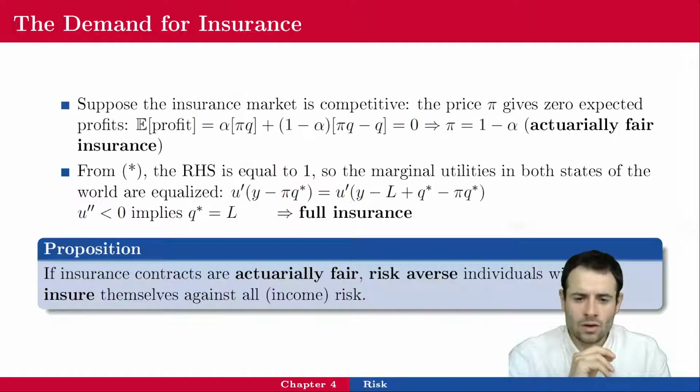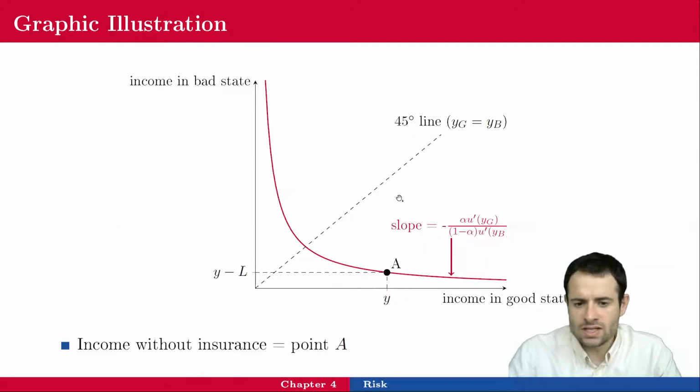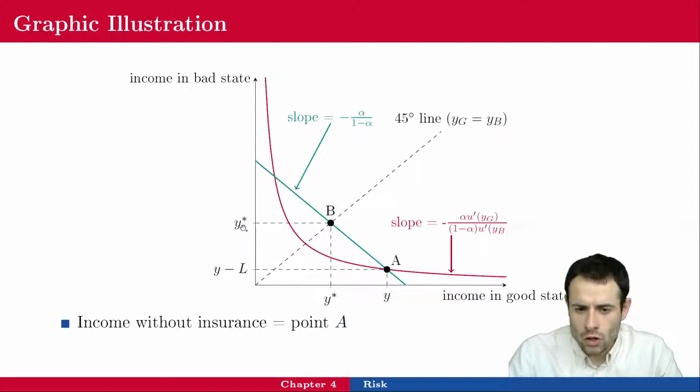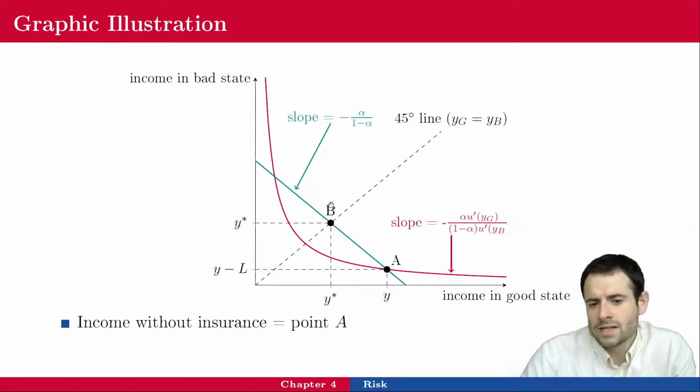Full insurance, you can look at the previous equation, means that this amount, which is the income in the bad state, is equal to this amount, the income in the good state. So, if they are equal, it means that under full insurance, whether you're in the bad state or in the good state, your income is the same. Call it Y star. And this is where we are on the indifference curve, on the 45-degree line. That corresponds to the case where YG, the good state income, is equal to YB, the bad state income. And that's point B.